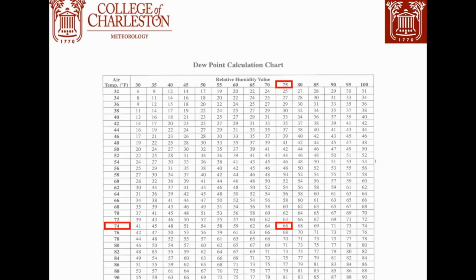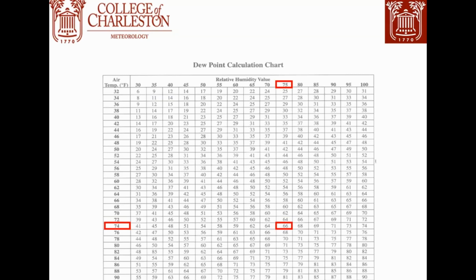And if you go up, you will see that it intersects right there at 75%. So this means that if you have a 74 degree Fahrenheit dry bulb temperature and a 66 degree Fahrenheit wet bulb temperature, this correlates to a relative humidity of about 75%.